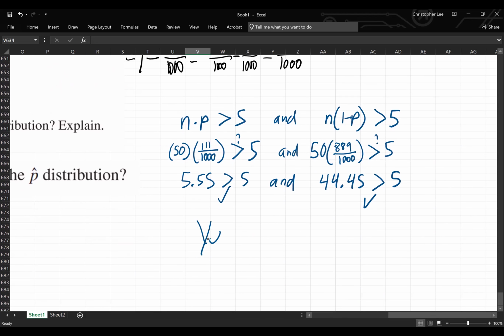Yes, we can. Because 5.55 and 44.45 are both greater than 5. Keeping it simple.